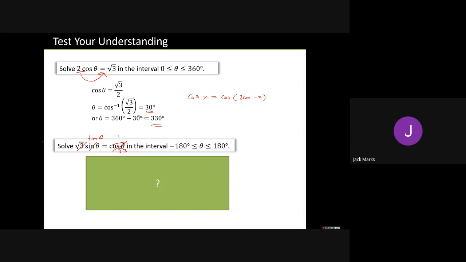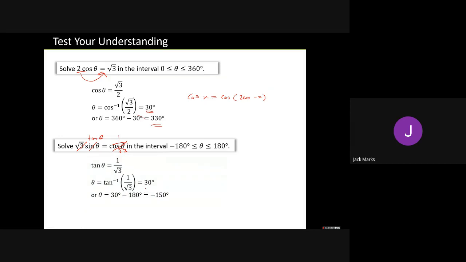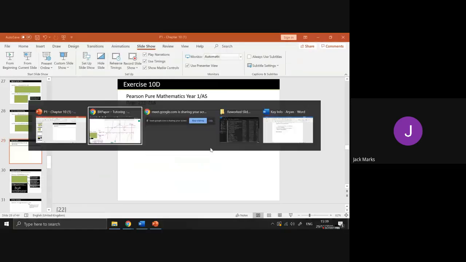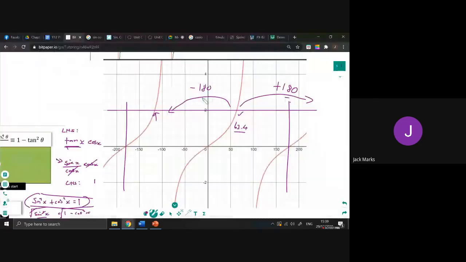Again, if you know your trig values, that's a big giveaway. 30 is what you will get. If you add on 180, it won't fit, 210. So it must be take away. 2 answers. Okay, and that's it for solving the more basic equations.